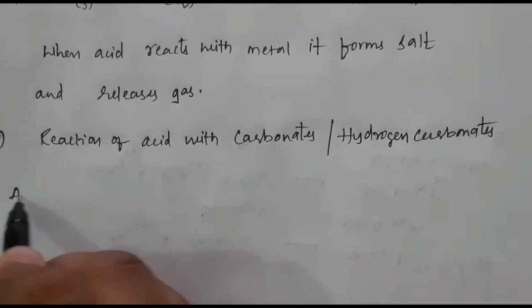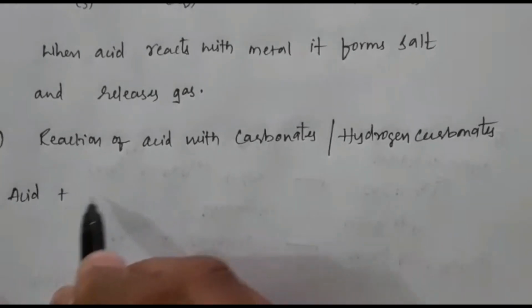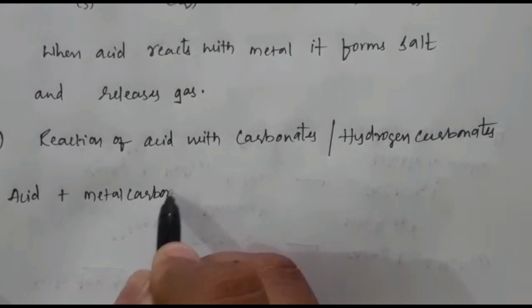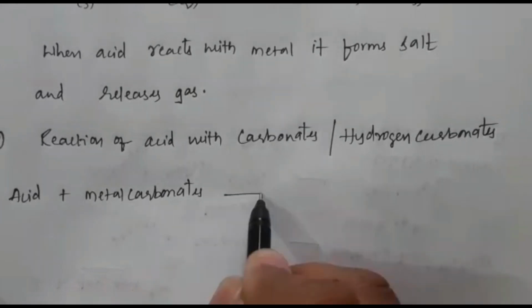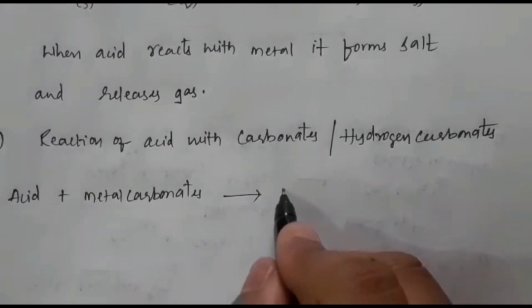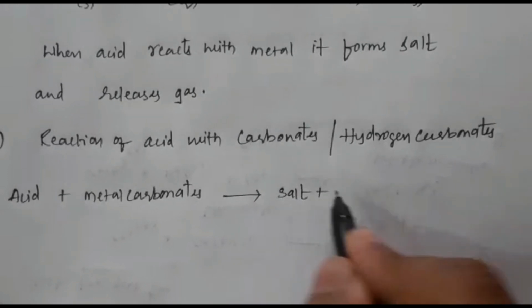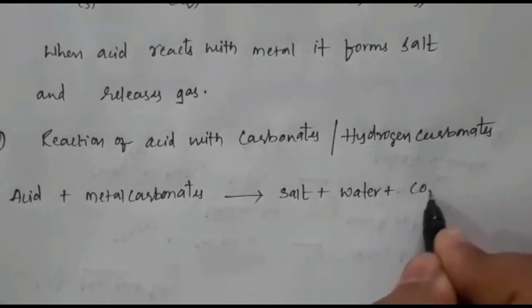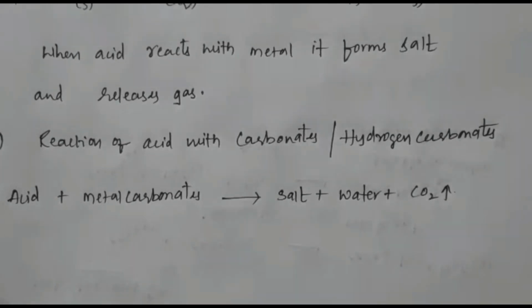So what happens when acid reacts with metal carbonates? This is also a very important one. It was asked in the previous board examinations. It forms salt plus water, and carbon dioxide gas is produced.